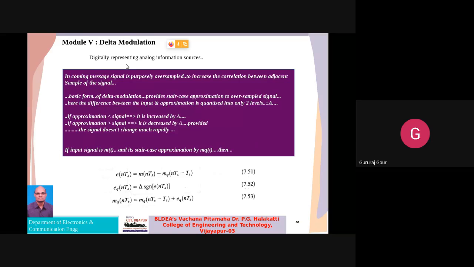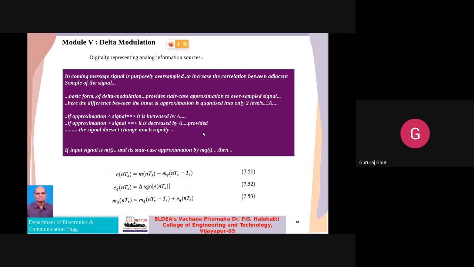Next, delta modulation. In simple words, it is a technique that digitally represents your analog information sources. PCM is one technique, which we just discussed. Another technique is delta modulation, which also represents your analog information in terms of digits.